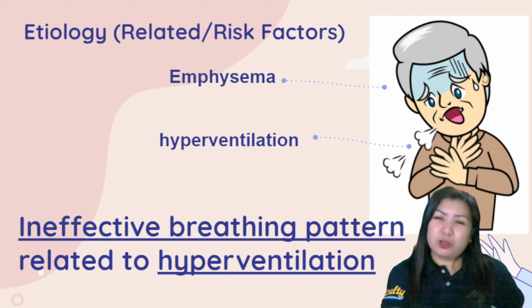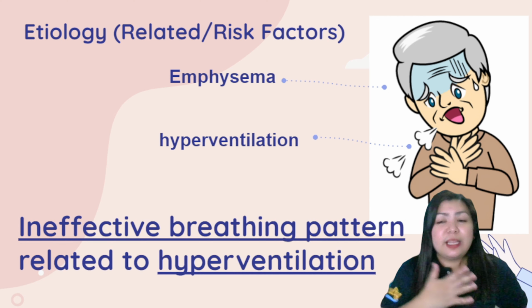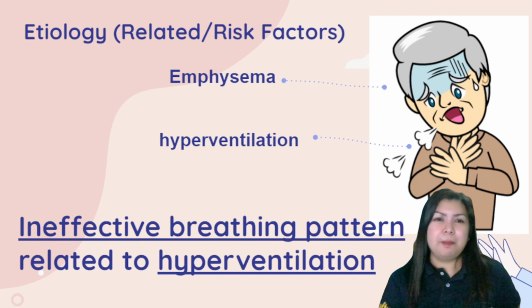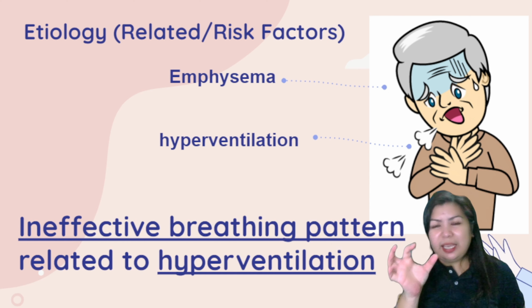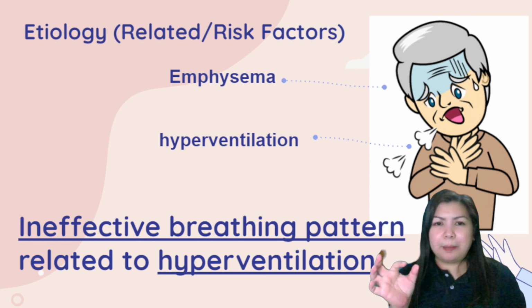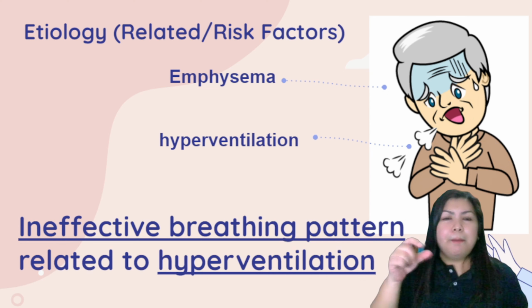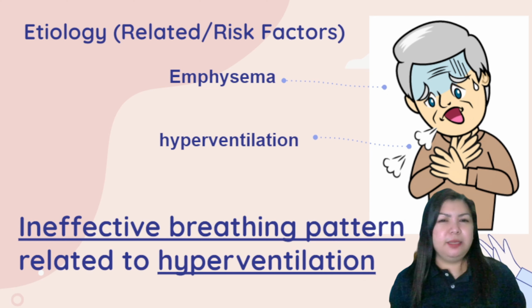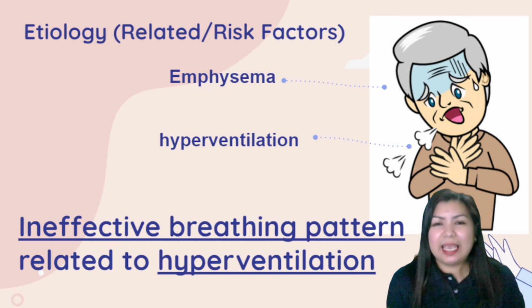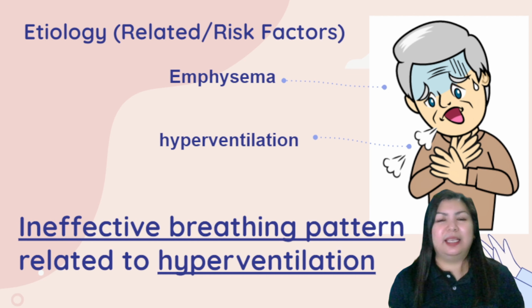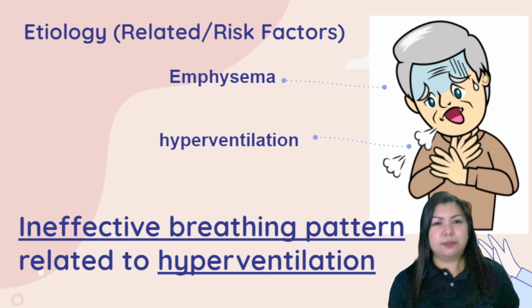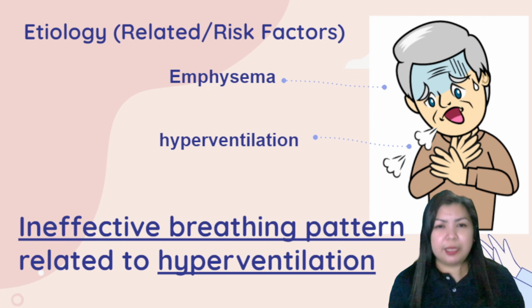Emphysema is a lung condition that causes shortness of breath, kinakapos, because the air sacs in the alveoli are damaged. A patient who has emphysema may have hyperventilation or exhales more than he inhales. So this means his ineffective breathing pattern is because of hyperventilation.